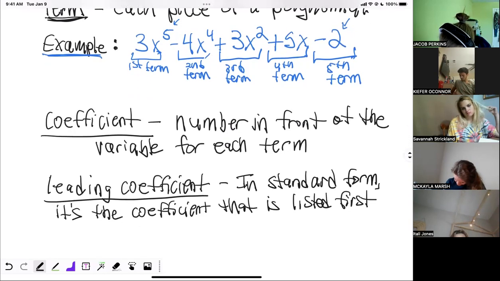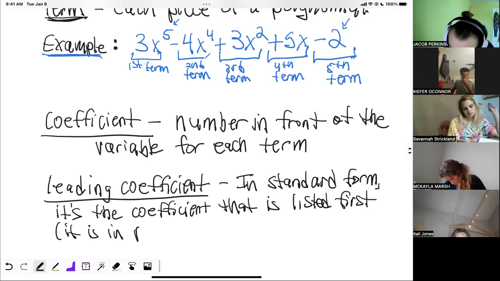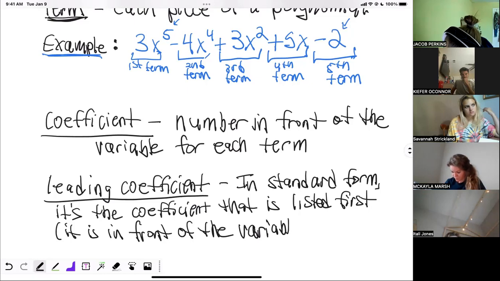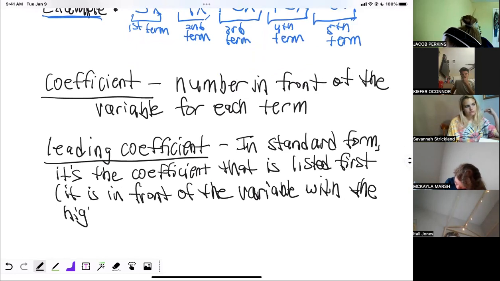Meaning it is in front of the variable with the highest exponent. Oh, sorry, exponent. We're not ready for a degree. Exponent.